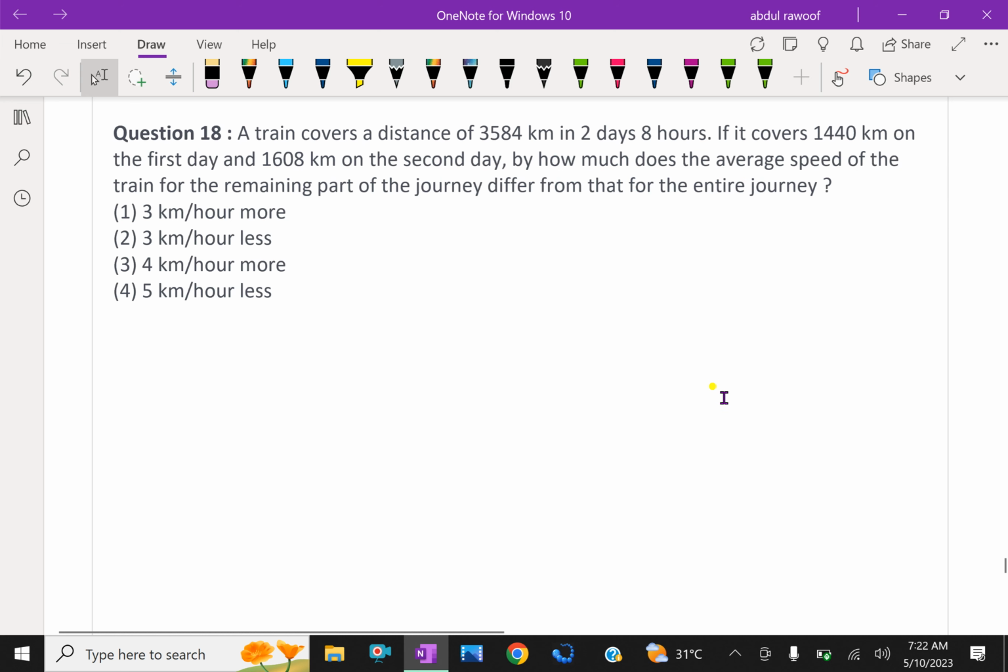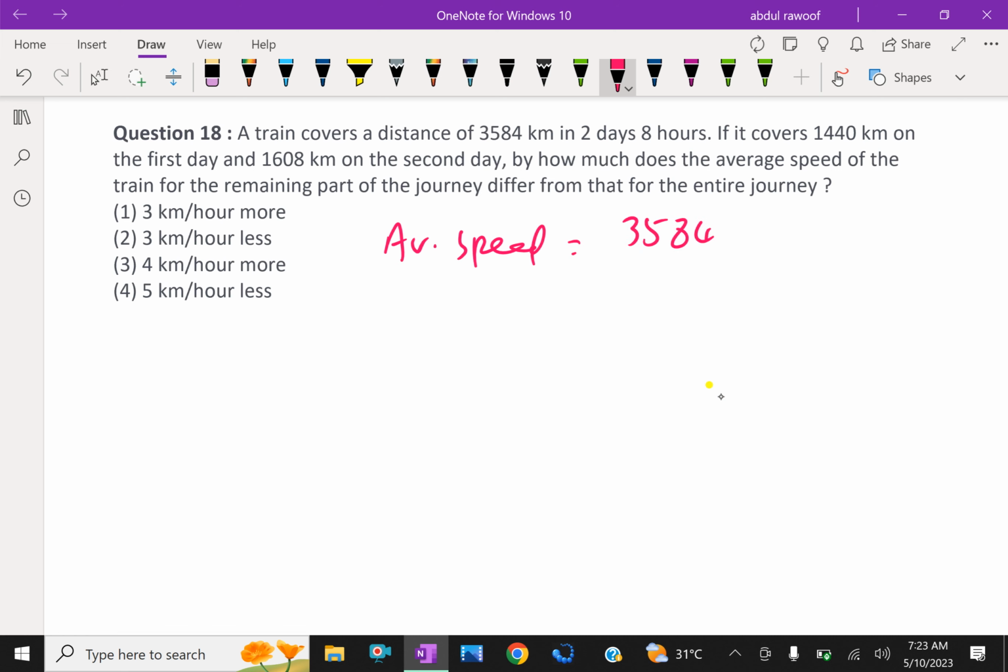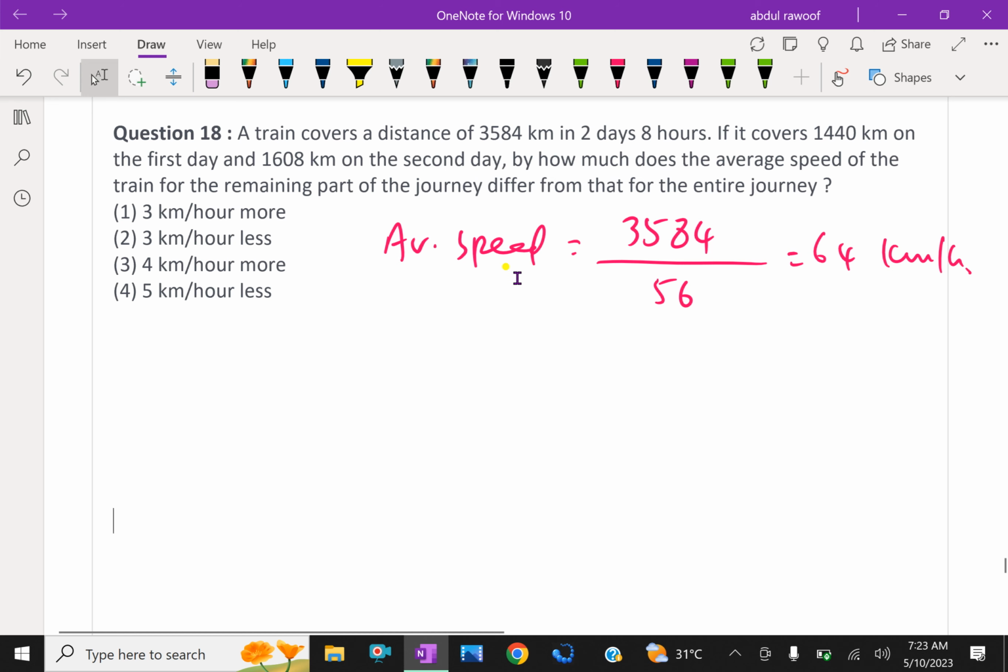Here, average speed is total distance 3584 over 2 days 8 hours, which is 24 plus 24 plus 8, that is 56 hours. Average speed is 64 kilometer per hour.